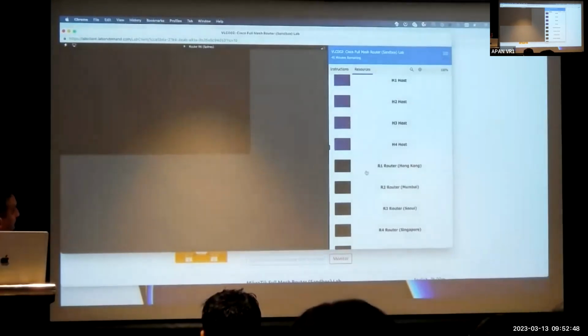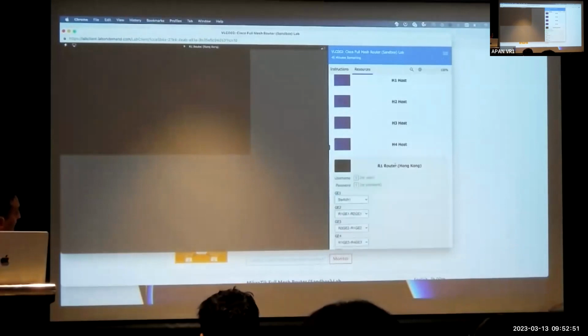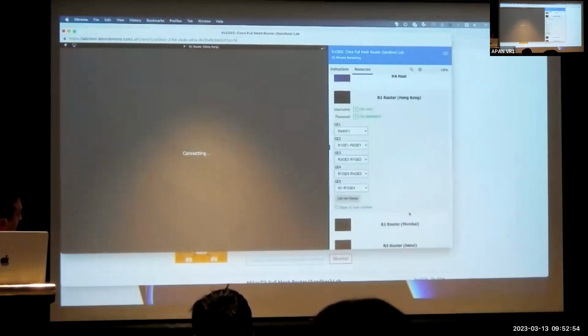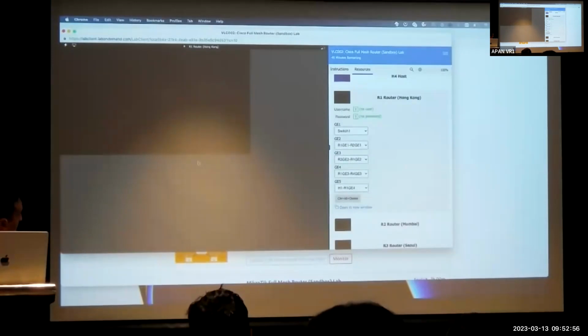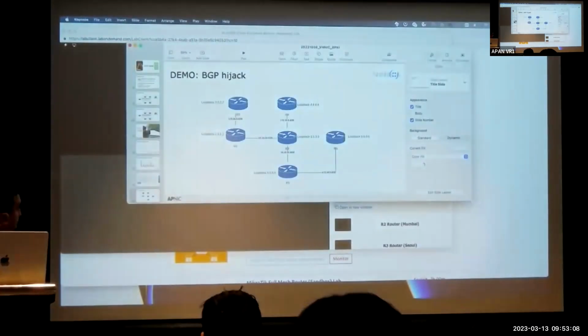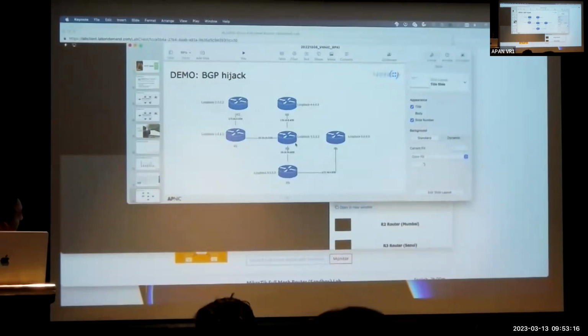Basically, if I go to R1, you see over here, we have R1, R2, R3, R4, R5, R6. So all of these have been already configured, right? The point-to-point interfaces, the loopback interfaces have already been configured. Even the BGP configuration has already been done.